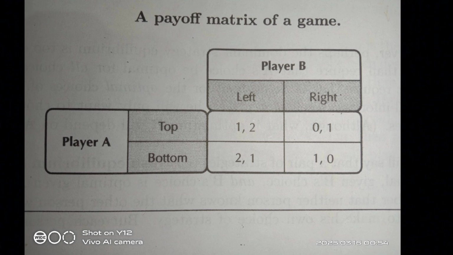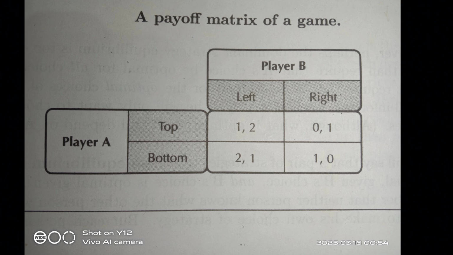The game depicted in this table has a very simple solution. From the viewpoint of player A, it is always better for him to say bottom, since his payoffs from that choice are 2 or 1, which are always greater than the corresponding entries in top, that is 1 or 0.